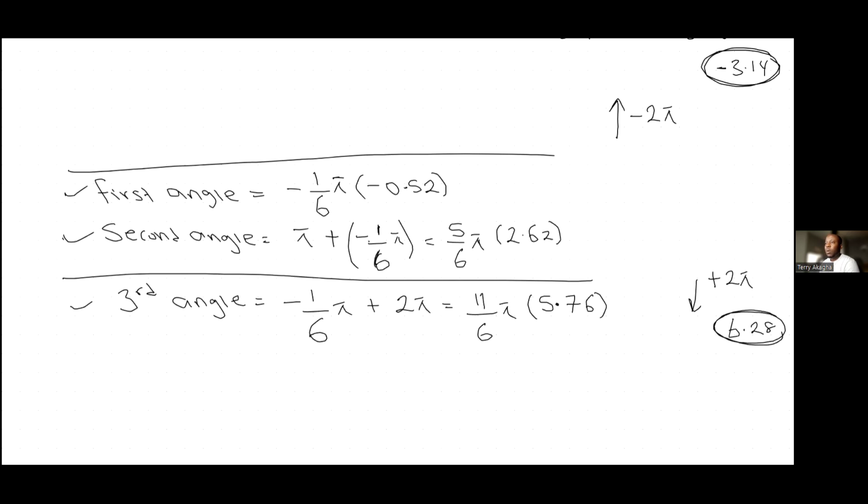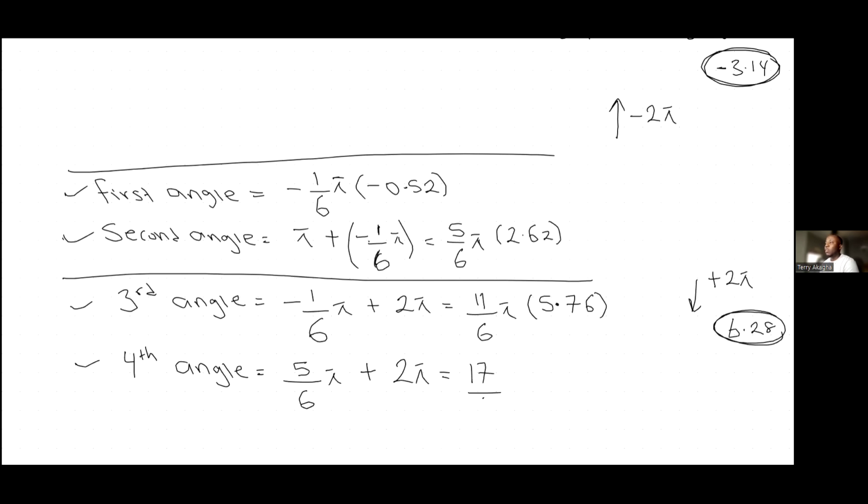We're going to get the fourth angle now. Now the fourth angle is going to be 5 over 6 pi plus 2 pi. And when you press your calculator, it's going to give you 17 over 6 pi.